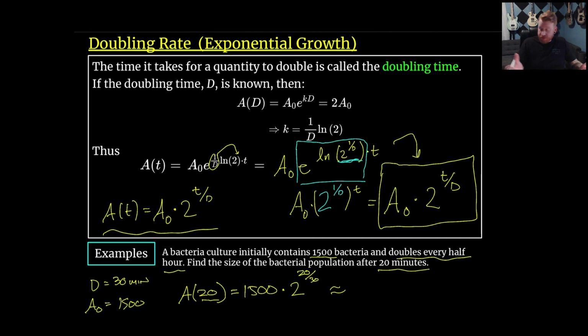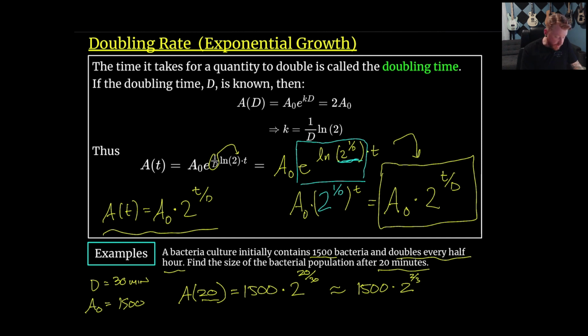And this gives us actually, where's my calculator? I probably should have done this at some point. I'm sure it's on a piece of paper around here, but I need to plug this in as well. So this is going to give me 1,500 times 2 to the 2/3, reducing that 20 over 30. So if I do 2 raised to the 2 divided by 3, I get 1.58, and so on.